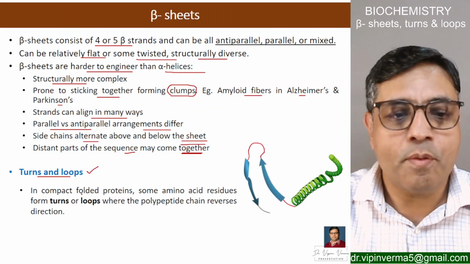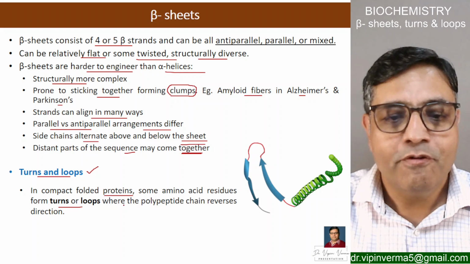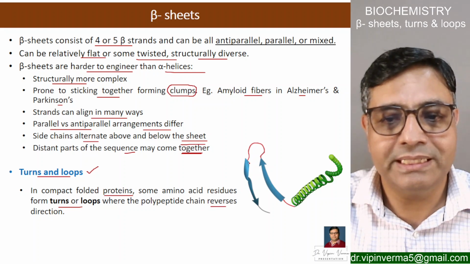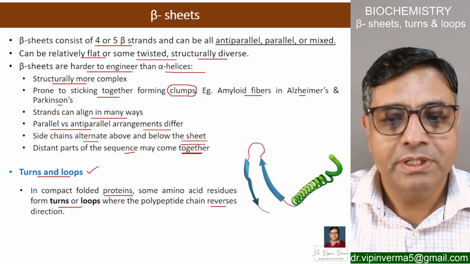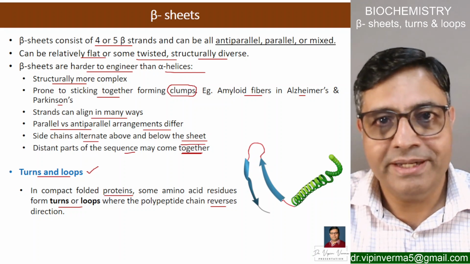Now let's focus on the turns and loops, which are again very important secondary structures. So in compact folded proteins, some amino acid residues form turns or loops where the polypeptide chain reverses direction. So you can see here when they are reversing the direction, they form turns, and when they also join to some other secondary structure, they can form loops or maybe turns.